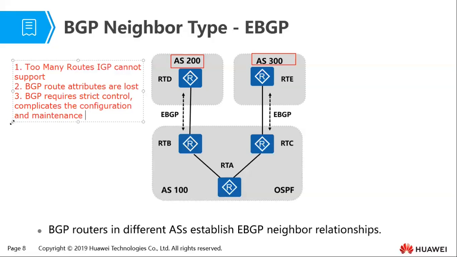So these are some of the reasons why you cannot just import BGP routes into your IGP. However, to overcome these disadvantages, BGP needs to be designed in a way that it can allow the transmission of routes within an autonomous system. So how is that achieved?